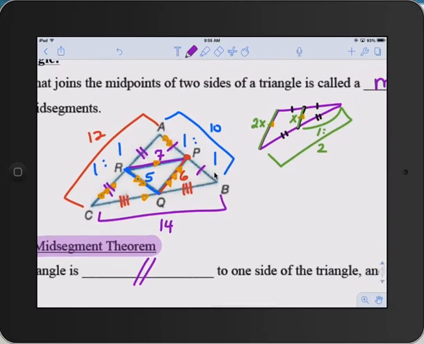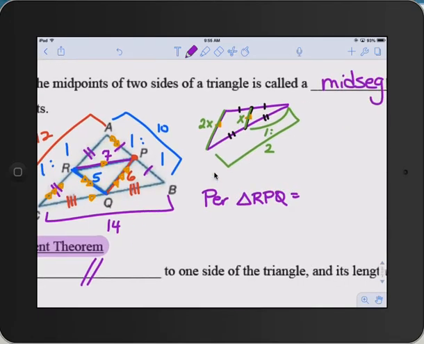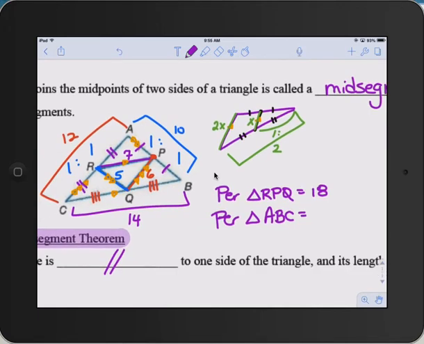So the perimeter of the small one, triangle RPQ, is 12 plus 6, 18. And the perimeter of the big triangle, ABC, is 12 plus 14 is 26 plus 10 is 36. Oh, look, that's not really surprising, right?